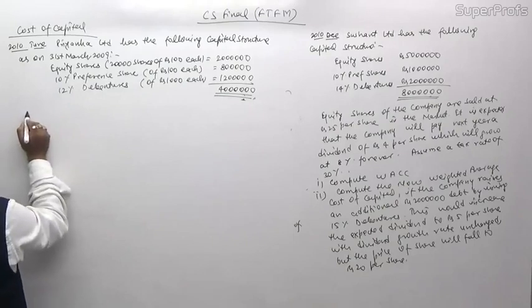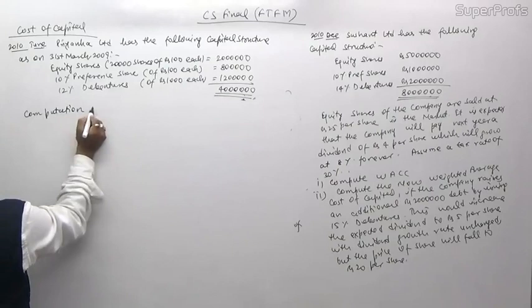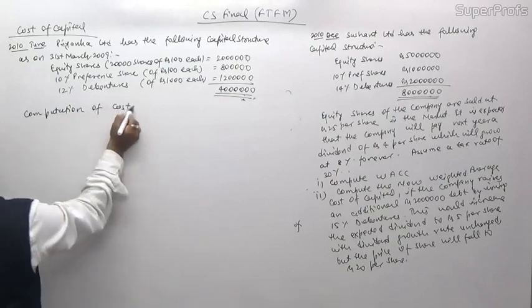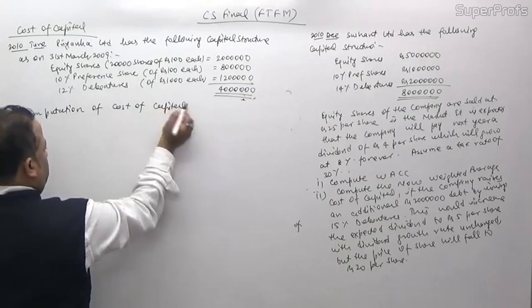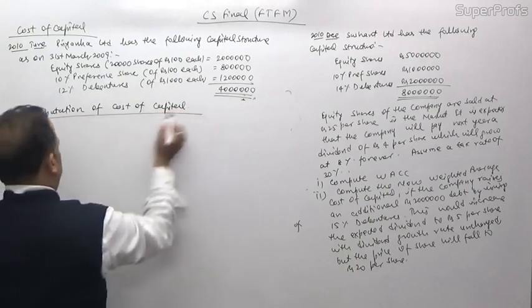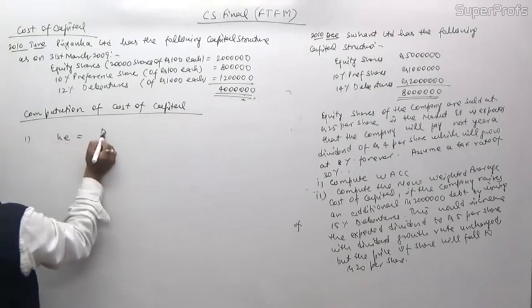So, computation of cost of capital. Number 1, the cost of equity.